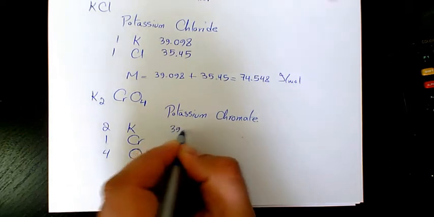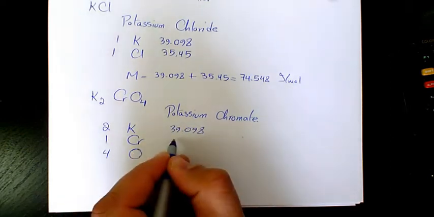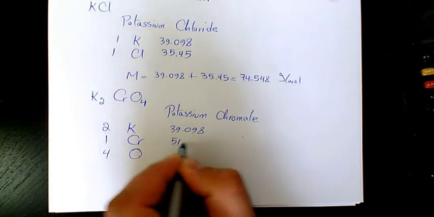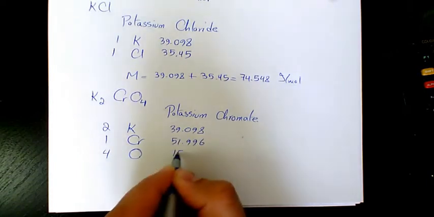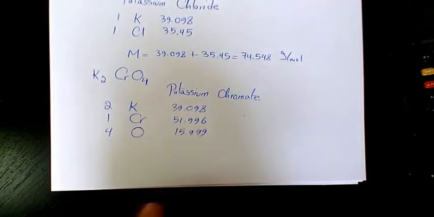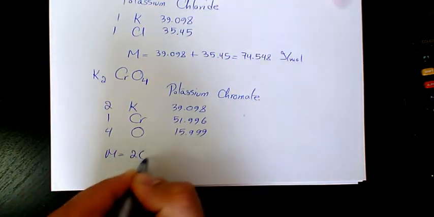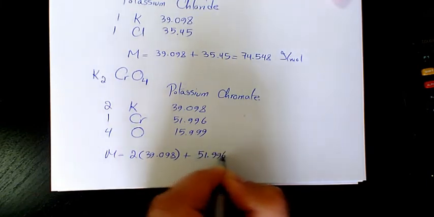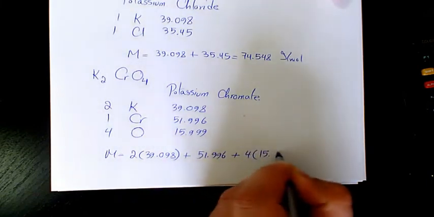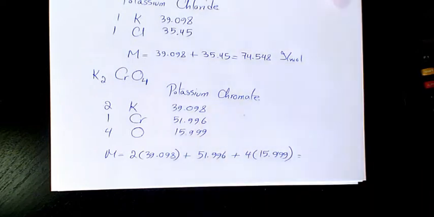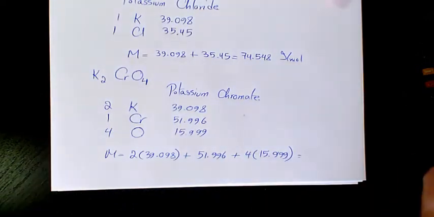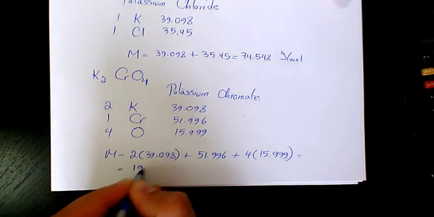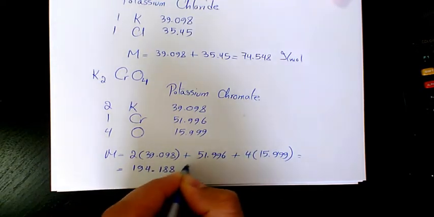Potassium is 39.098, chromium is 51.996, oxygen 15.999. So the molar mass will be 2 times 39.098 plus 51.996 plus 4 times 15.999, which is 194.188 grams per mole.